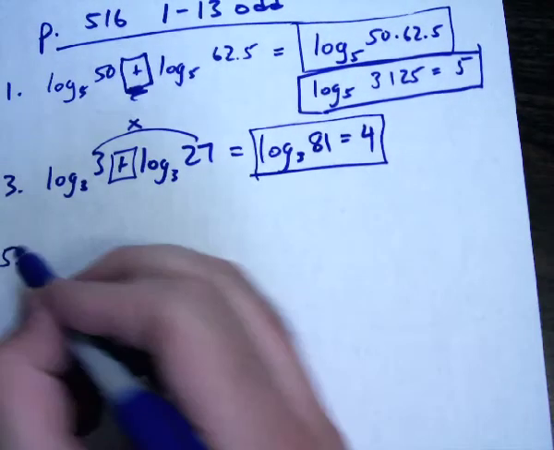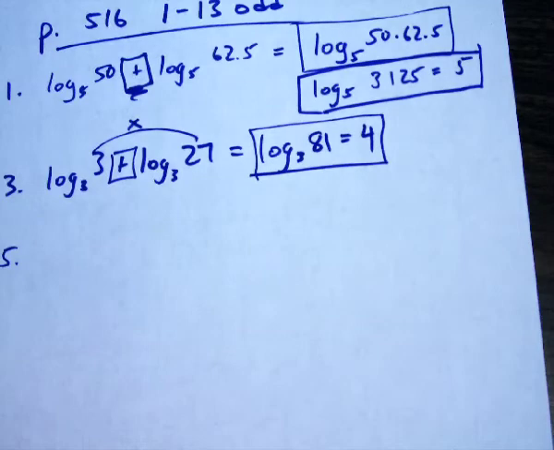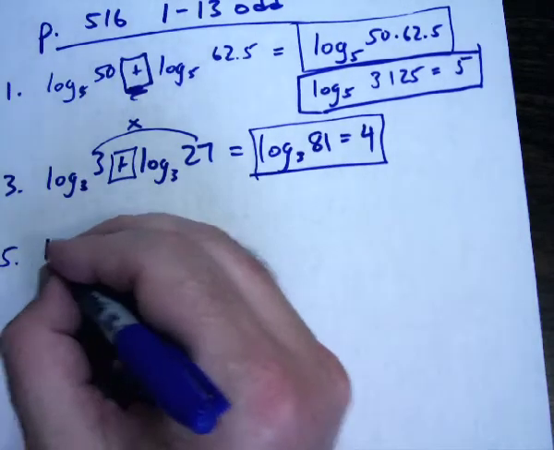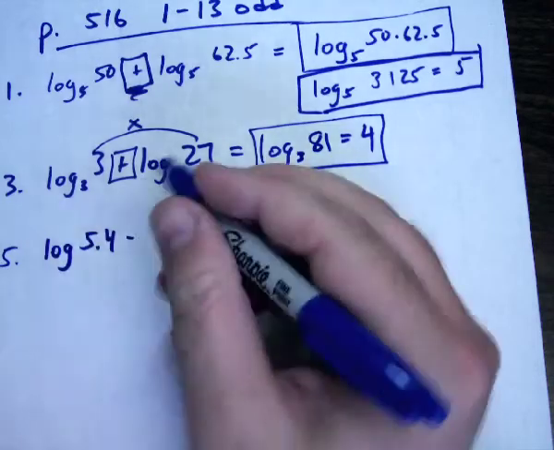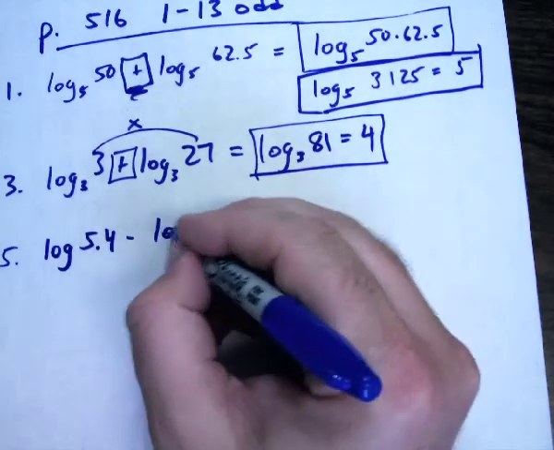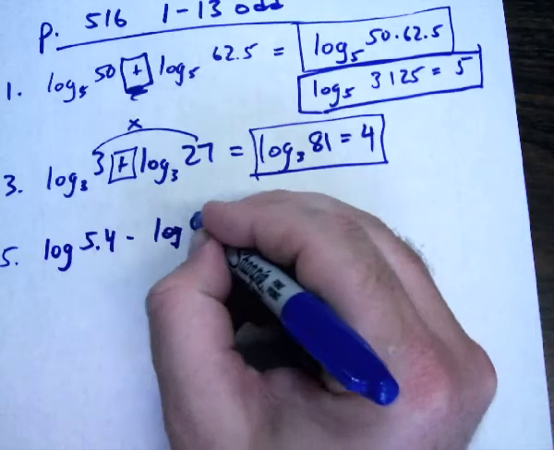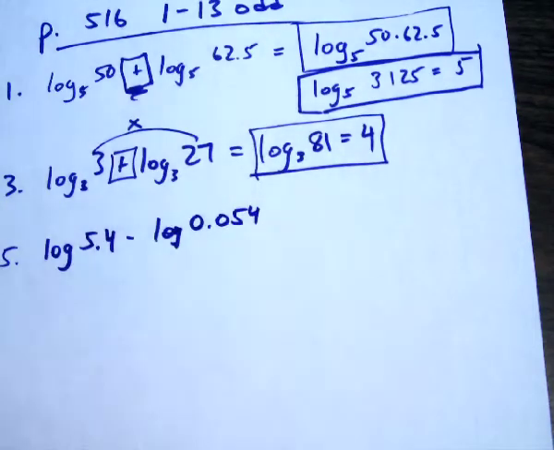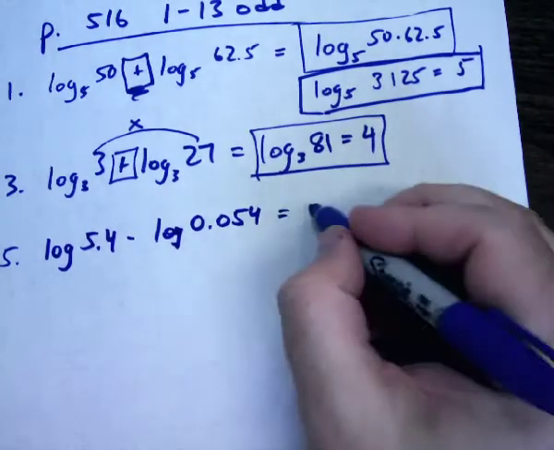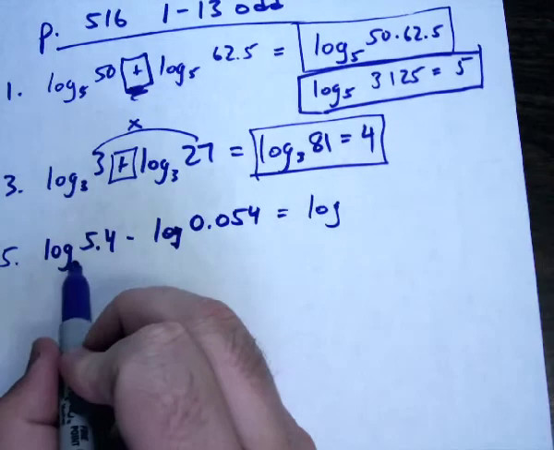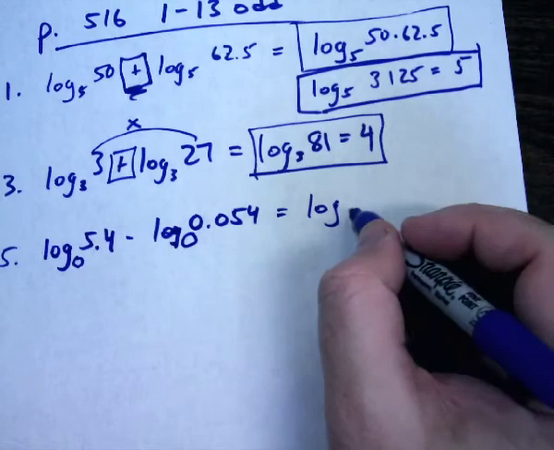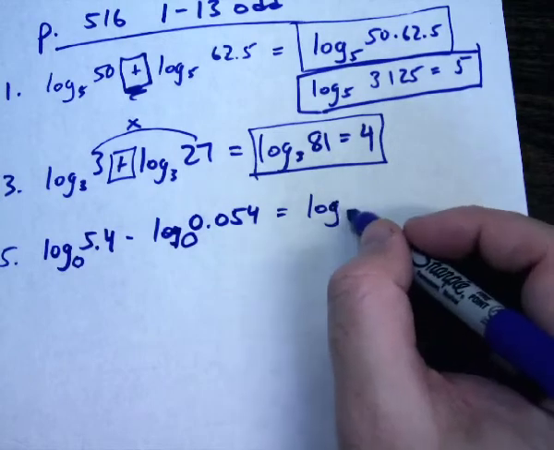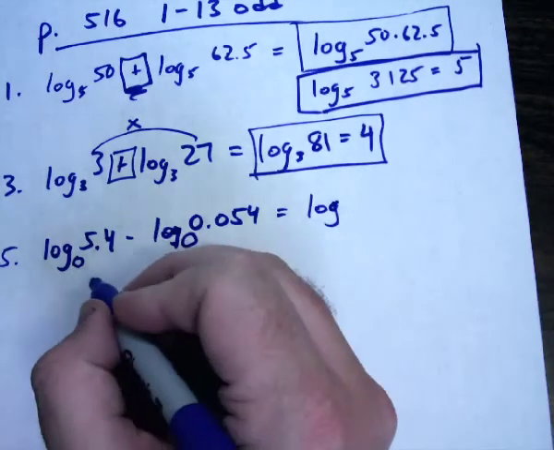Number 5, log 5.4 minus log 0.054. Now there's no base here, so that base is 10.